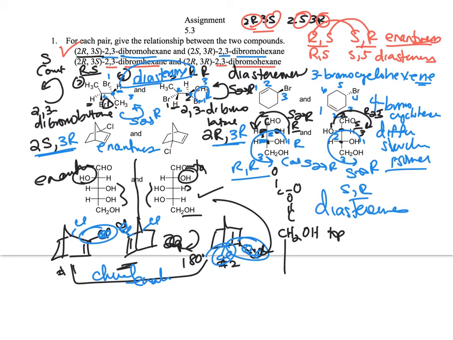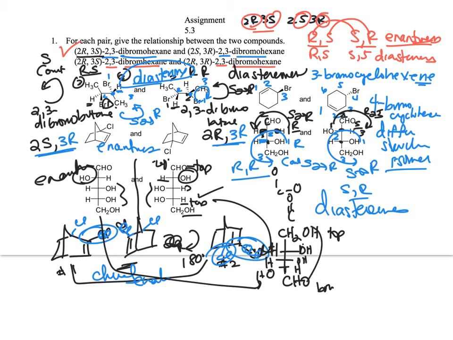So this is on top, and now that will be on bottom. And what is on the left side becomes the right side, but this is on bottom, so you're going to have H, OH, OH, and then this will be on top now. So this is H, H, OH, and then you compare these two structures and you see that they are not superimposable. So they're chiral. Those are mirror images, so that's an enantiomer.